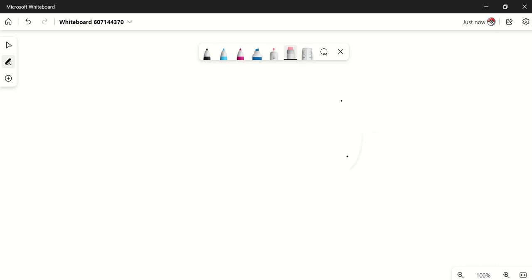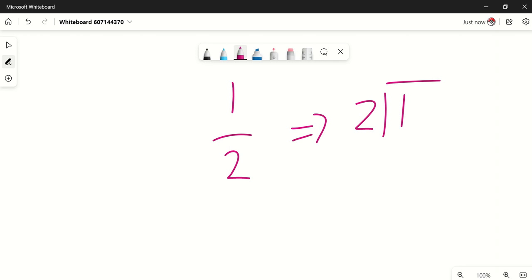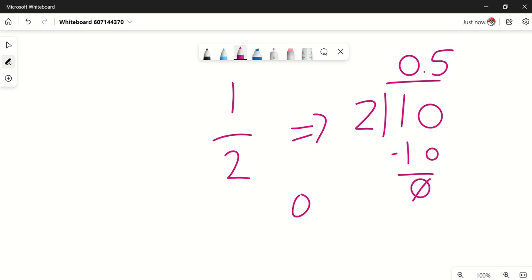For example, 1/2, 1 over 2, is a division problem. This is going to be less than 1, but when I solve this, 1 divided by 2, I'm going to get a value. 2 cannot go into 1, so 0, decimal, add a 0, 2 goes into 10 5 times. 1/2 equals 0.5. That is the value of the fraction.